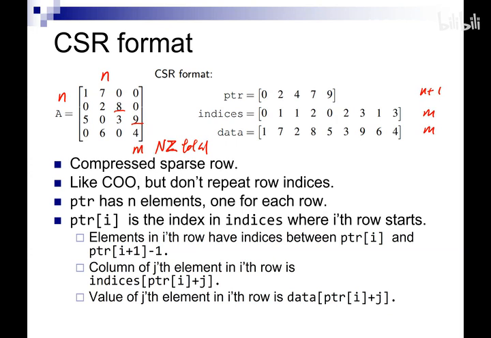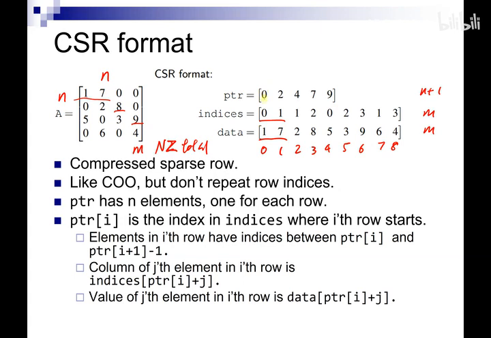What I mean by that is, where does the data for the first row start? The first row of A has 1 and 7. Where is that data being stored in the indices and data array? It's being stored over here, and let me actually write these indices: 0, 1, 2, 3, 4, 5, 6, 7, 8.